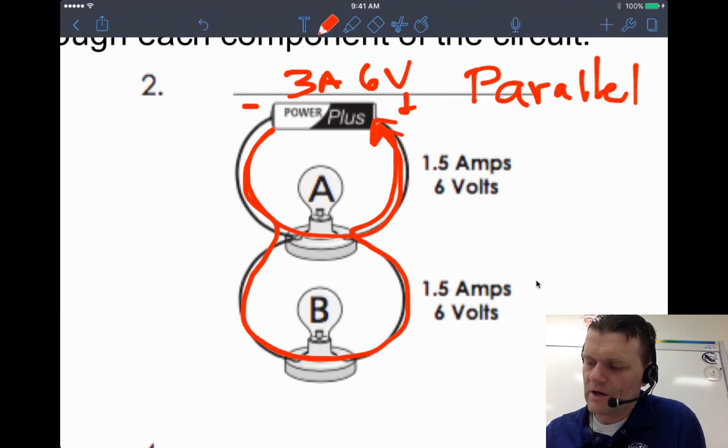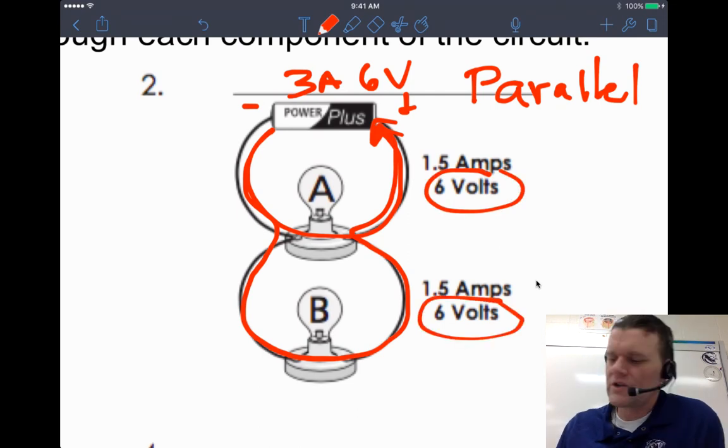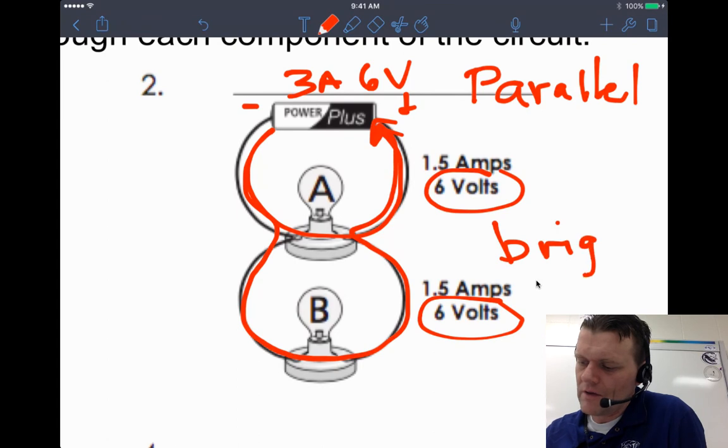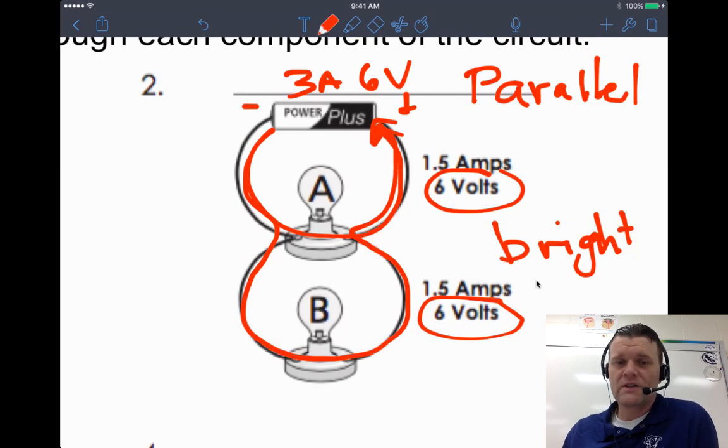In a parallel circuit, the volts are not shared, it's the current this time. So what it means is this light bulb A gets 6 volts and light bulb B gets 6 volts. They both get the same amount of energy per unit charge, which is really cool because it means they are both the same brightness. That'll make sense when you look at this animation here, but they're both going to be bright and they'll both be the same brightness.